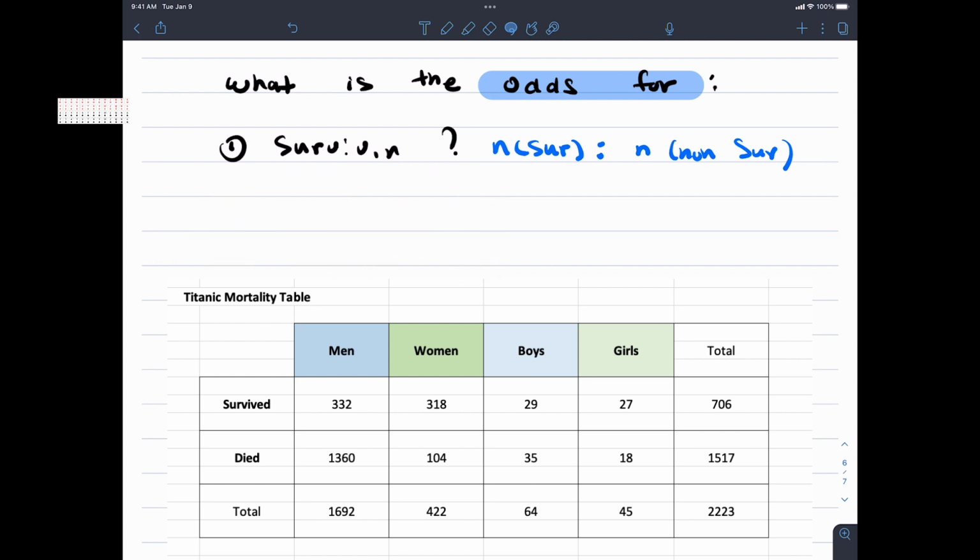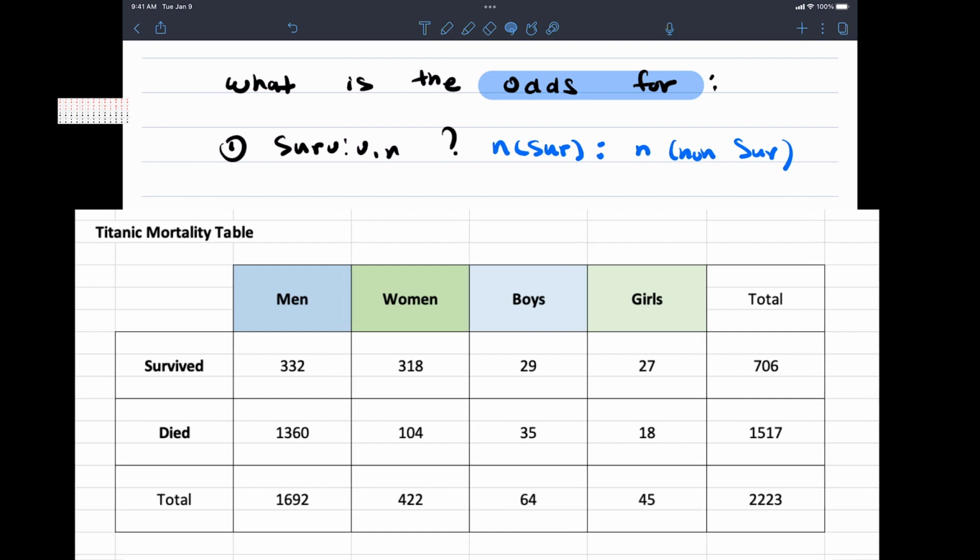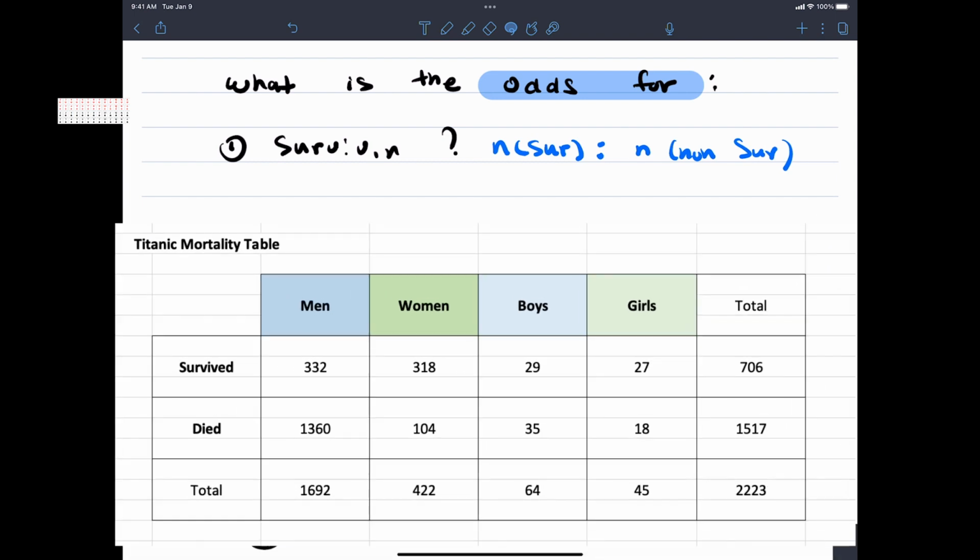So look at the table here. How many people survived? 706. Good. How many people did not survive? So, ladies and gentlemen, you are looking at the answer: 706 to 1,517.